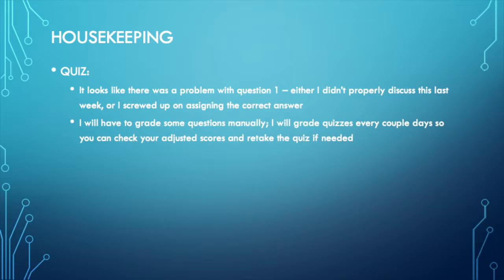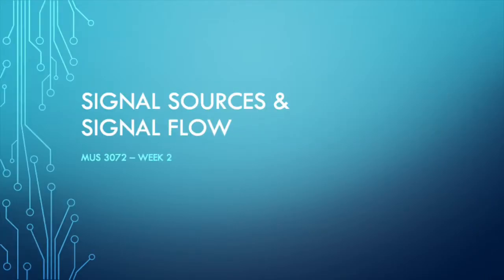And also, the whole point of a mixer is to mix those signals together and then output them to our speaker system. So just in case that wasn't clear, all three of those answers are correct. I think there should have been an option for A, B, and C, and that's the answer it was looking for. If there's any questions about any of that, please let me know. Otherwise, we will get going with signal sources and signal flow.